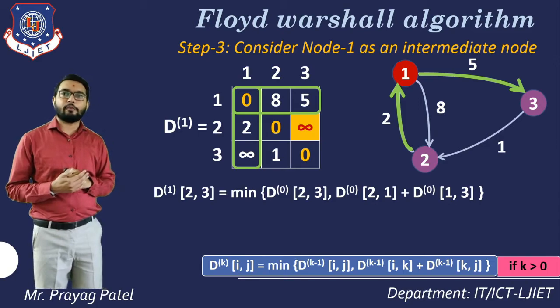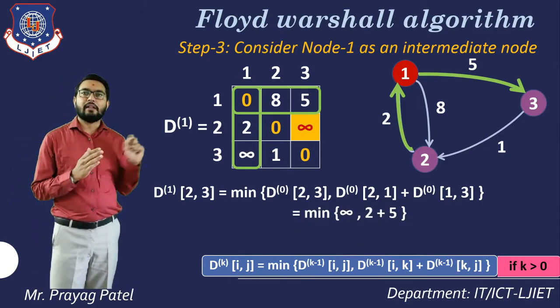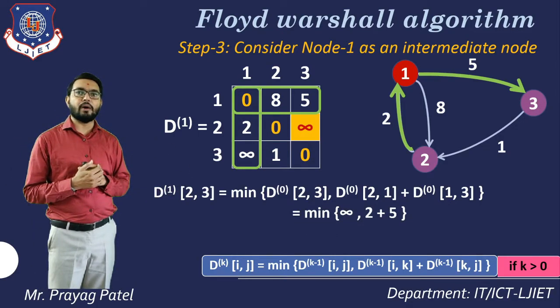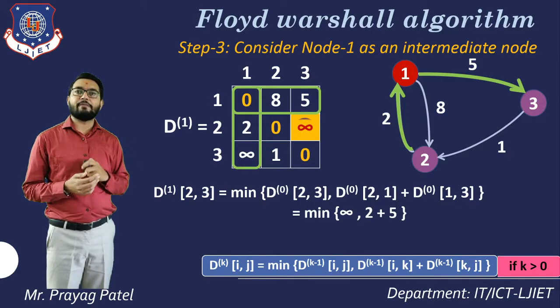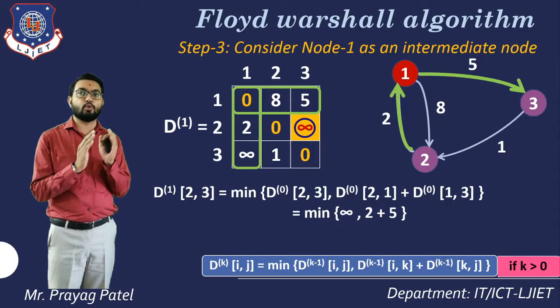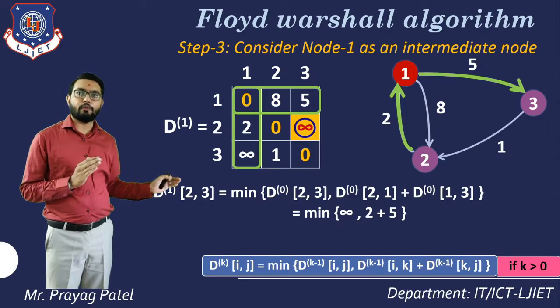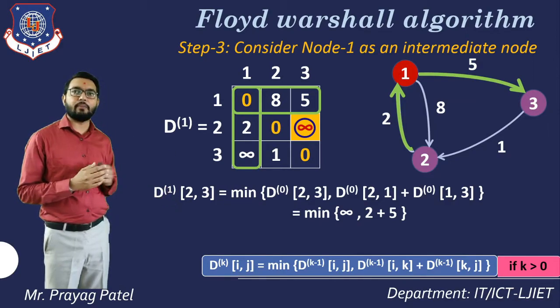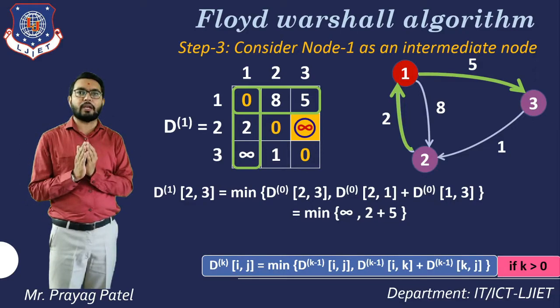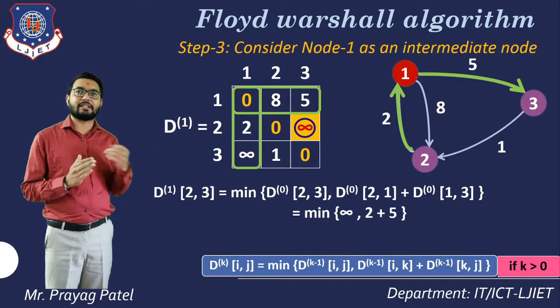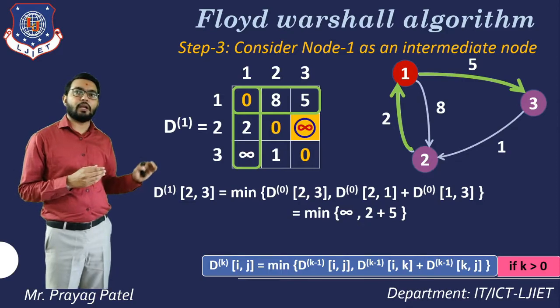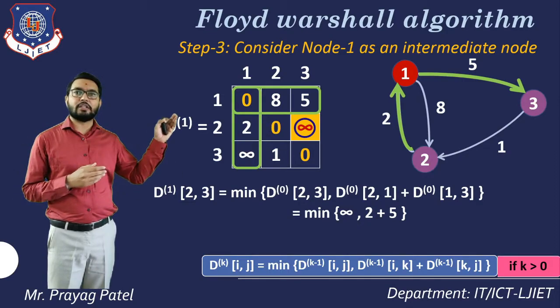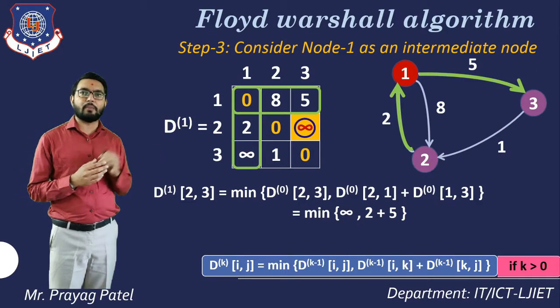According to the formula, our next step is minimum of the infinity value as the first value, because it is the old value of location 2, 3. To find the value for the D1 table, consider the D0 table for the process. In the D0 table, consider the 2, 3 location value, meaning row number 2 and column number 3.